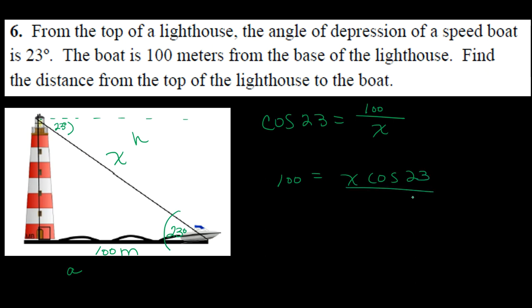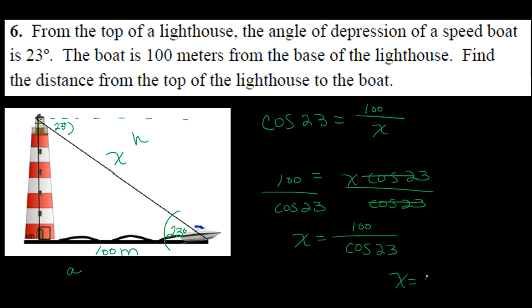I'm going to divide. And I'm going to use my n over d feature. 100 divided by the cosine of 23 gives me 108.6, if we round to the 10th, and this is meters.